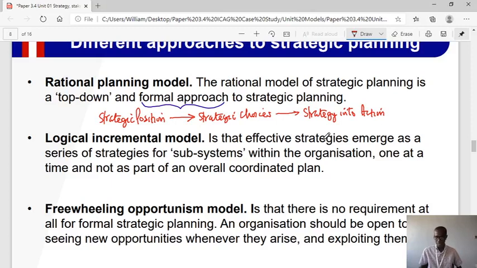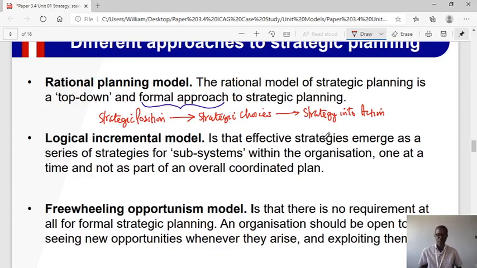What they do is that an organization should be open to seeing new opportunities whenever they arise, and then they exploit them. So let's say when there is frequent power outage, an organization that may be importers of, let's say, cars and vehicles, may take advantage to import solar energy equipment and generators, just to take advantage of new opportunities.